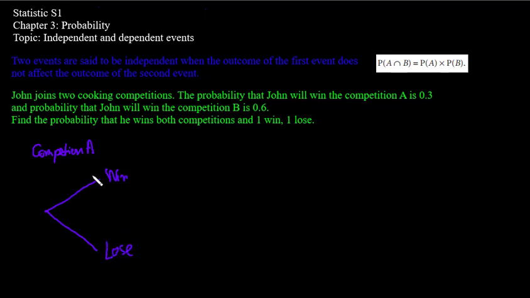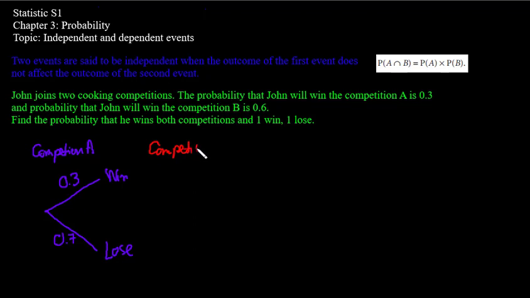The probability that John will win is 0.3. But win or lose add up to 1, so this one is 0.7. The next competition is competition B.